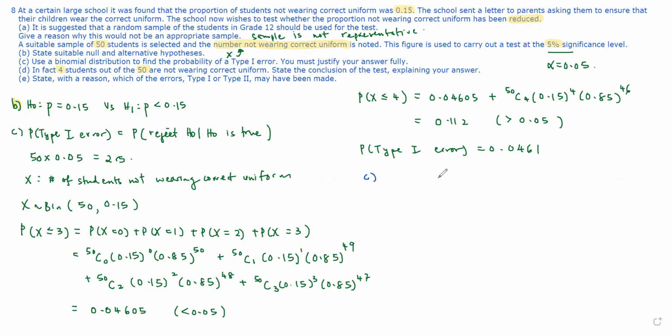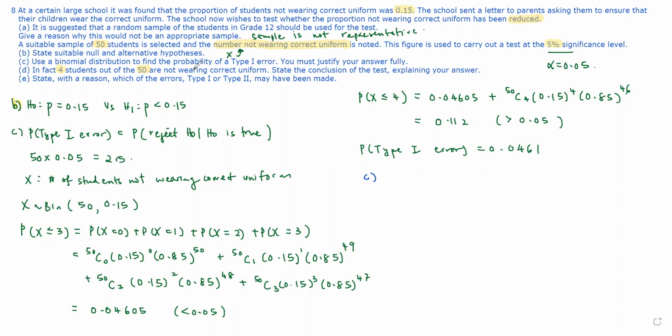So for this case here, from C, you can see the probability X less than or equal to 3 is 0.04605. That is the probability of rejecting the null hypothesis. So the number of students not wearing correct uniform must be 3 or less to reject the null hypothesis.